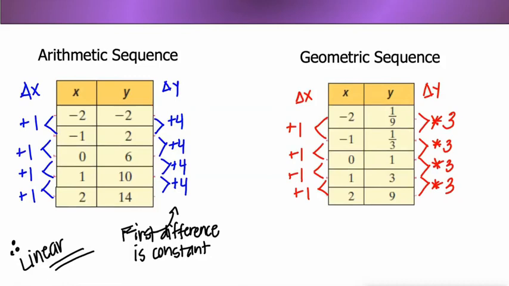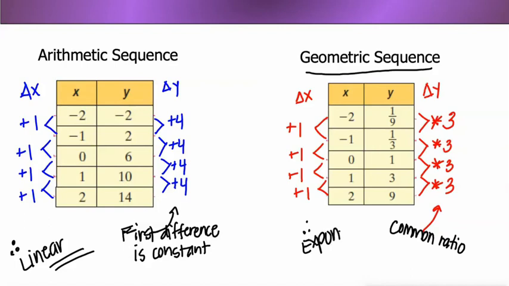So this is a common ratio. So our change in x is constant, but our change in y is a common ratio. That's what makes it a geometric sequence, right? And that's going to give us an exponential function.